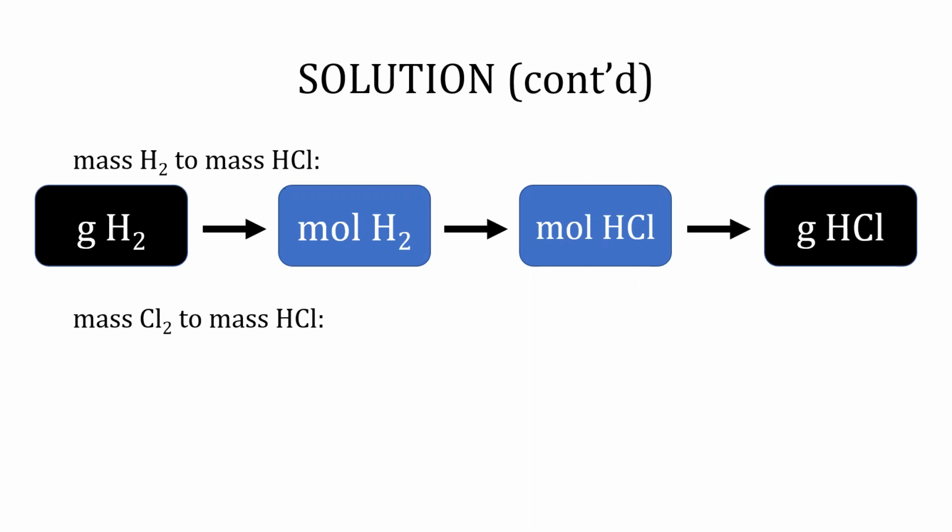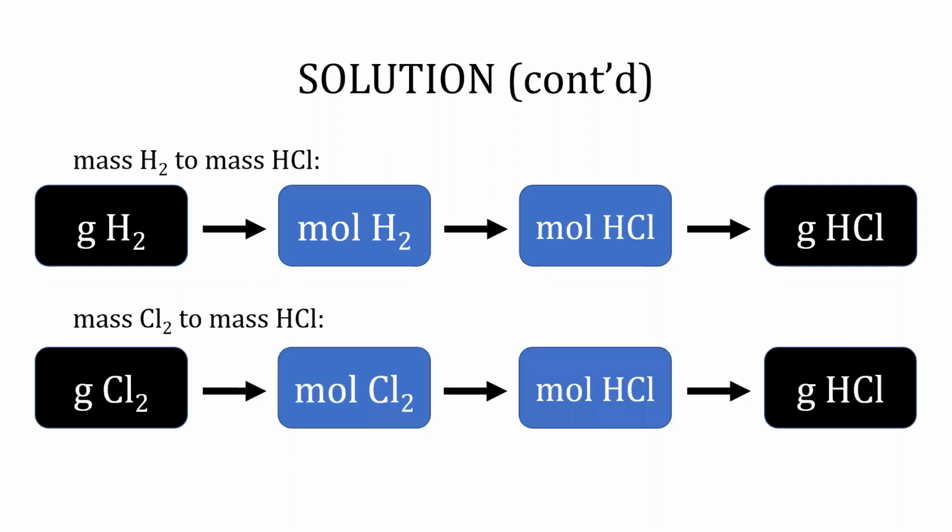The solution map to go from mass of Cl2 to mass of HCl is by starting with g of Cl2, and after dividing by the molar mass of Cl2, get moles of Cl2, which one then multiplies by the mole ratio of HCl over Cl2, and lastly, multiply by the molar mass of HCl to get g of HCl.